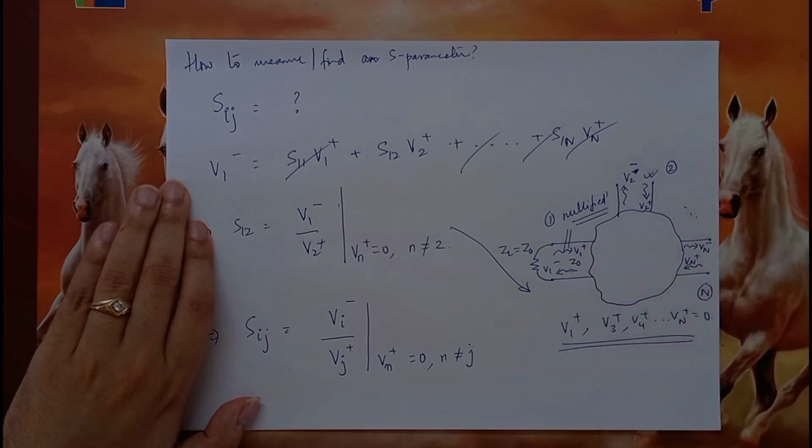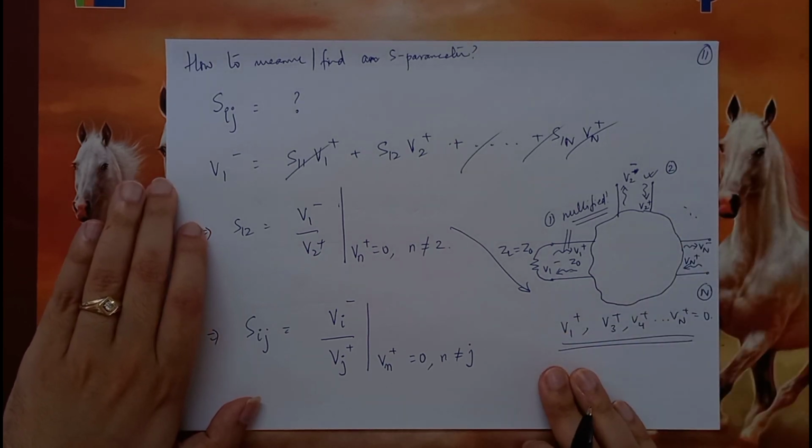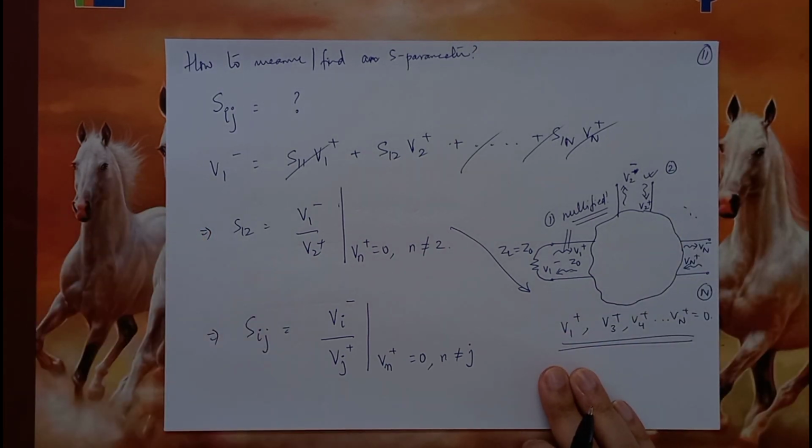Likewise, at all the other ports except port 2, I can connect this matched load. So what I am effectively doing is using transmission line theory and connecting every port to a matched load, thereby disabling the wave that is otherwise thought to have been entering the port.